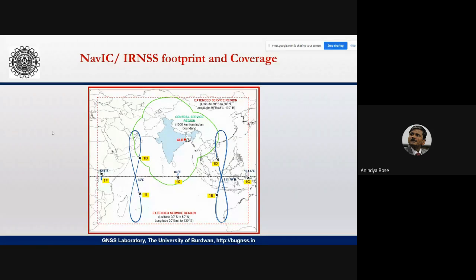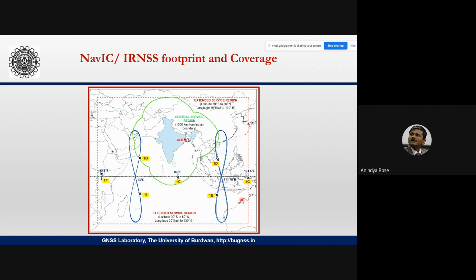To get some more idea about the NavIC or IRNSS footprint and coverage, this is where we are located. This is India. These are where the satellites are placed. This one and this one, and this and this, are placed in geostationary Earth orbit, and these four in a complementary IGSO, inclined GSO, are placed at 55 degrees east and 111.75 degrees east.